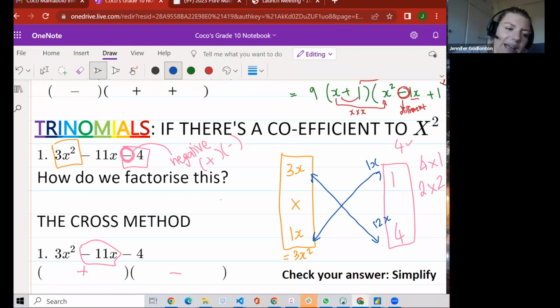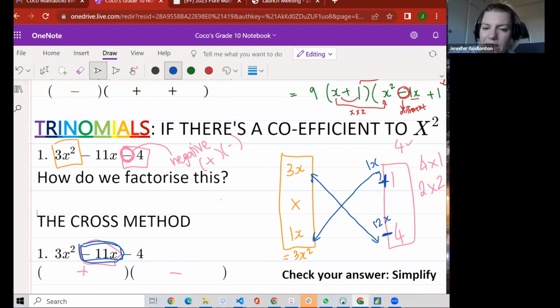Yeah. Okay. Now I'm trying to get to negative 11x. So which one of those is going to have to be negative? Which one will have to be negative if I want to get a negative answer? I want to get negative 11x. So is my 1x going to have to be negative, or is my 12 going to have to be negative? Good. My 12 has to be negative. So that one has to be negative and that one has to be positive.